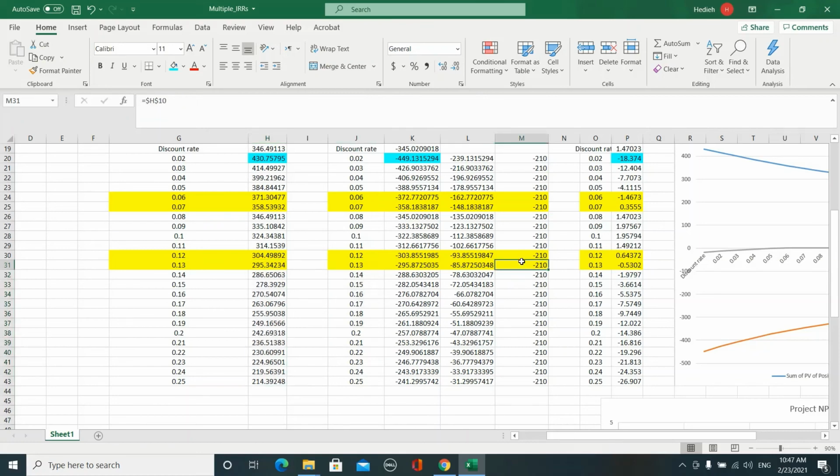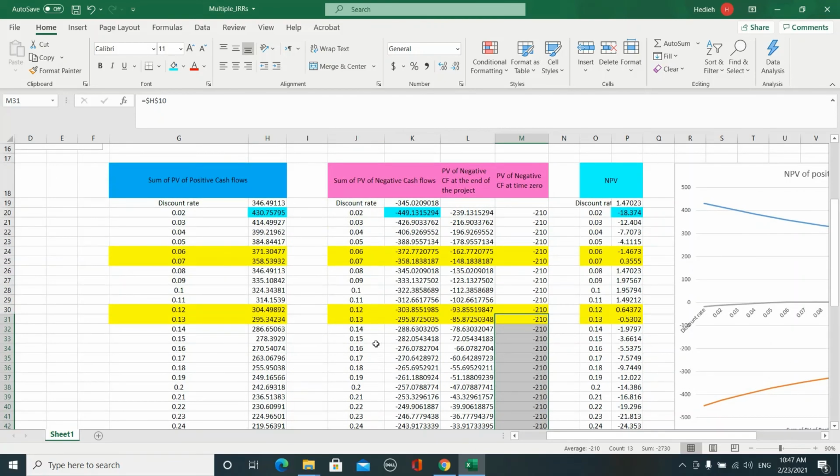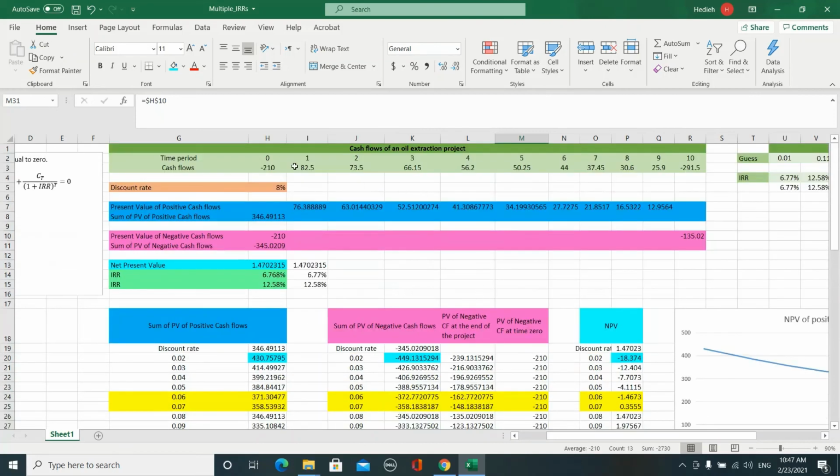And this part of the negative cash flows that is fixed and doesn't get discounted because it is in time 0, that makes NPV negative. Okay, so I just want you to understand that here we have multiple internal rates of return because of the location of the cash flows in your stream of cash flows.